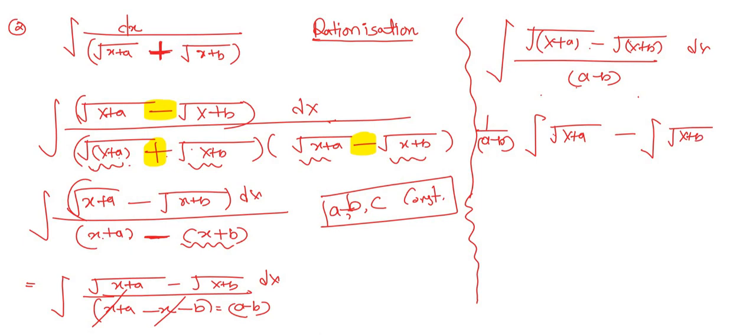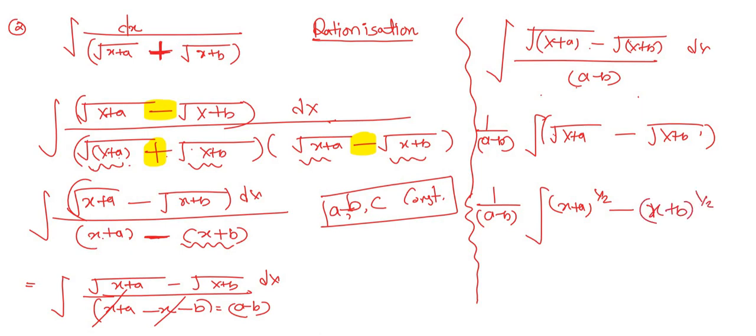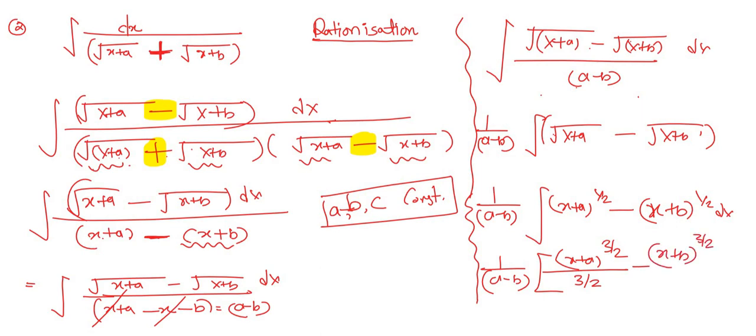Or we can write it together: this can be written as 1 by a minus b, x plus a power half minus x plus b power half. And what is the integration of power half? Everybody knows power half becomes power 3 by 2. So the integration of x plus b power half is power 3 by 2, plus c. This is my answer. I hope you understood.